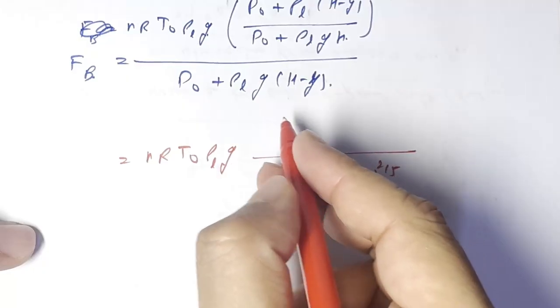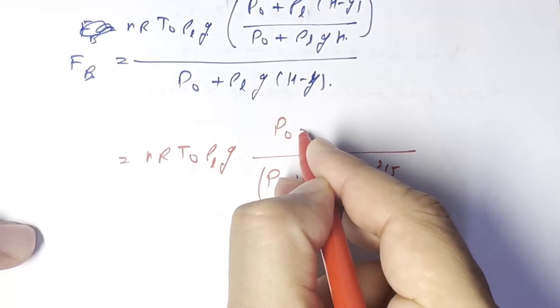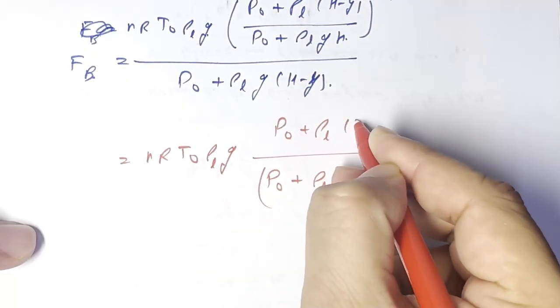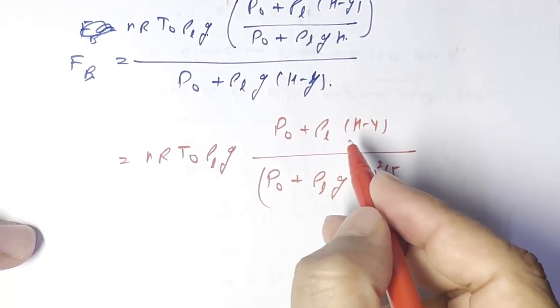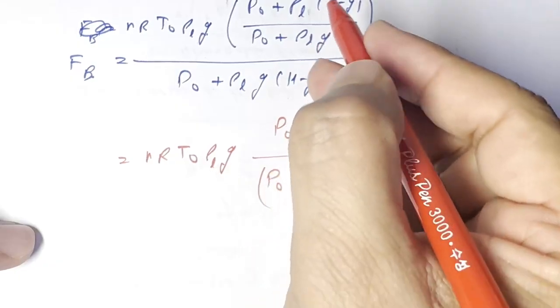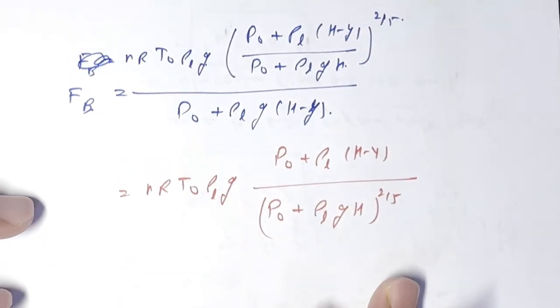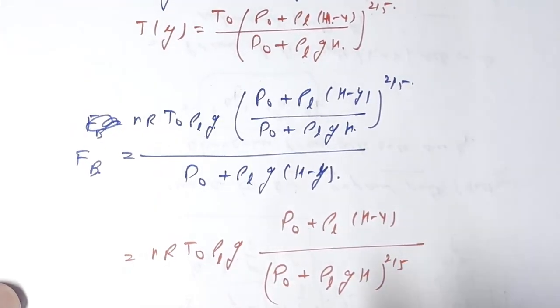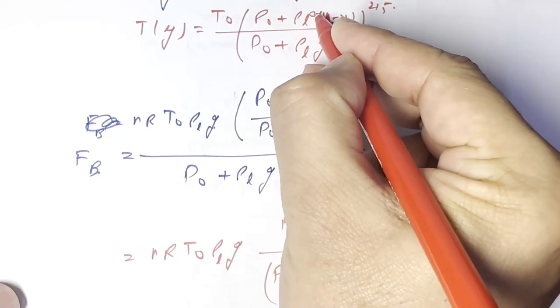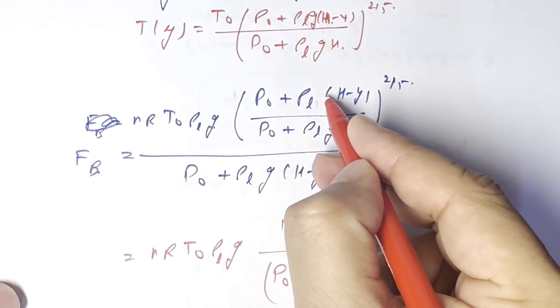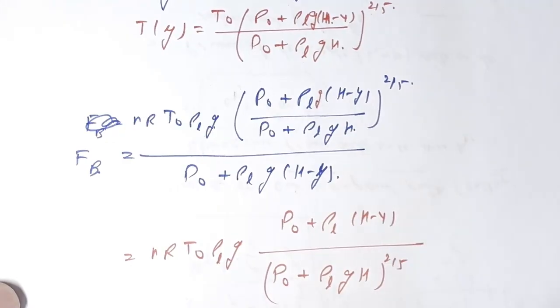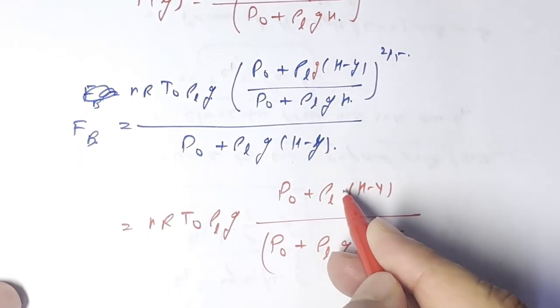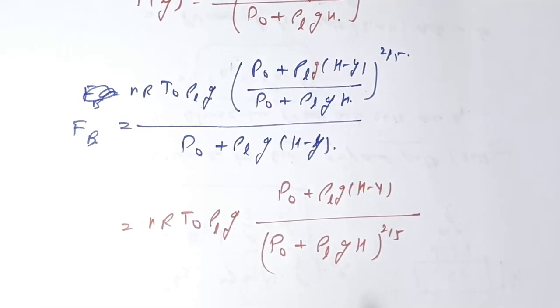This goes into the numerator: P naught plus rho L g (H minus Y). I think I missed out g here, there should be g also. Yes, now it's complete.